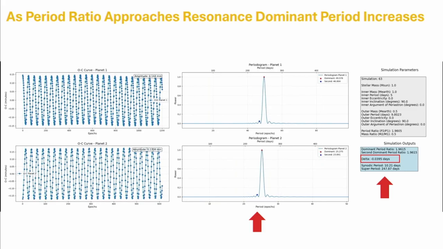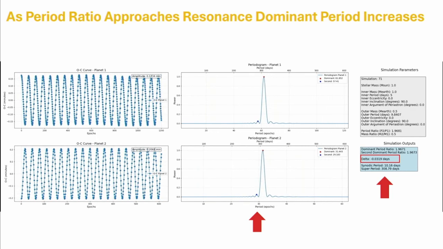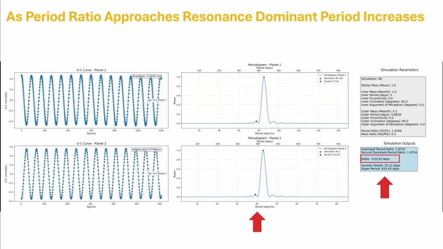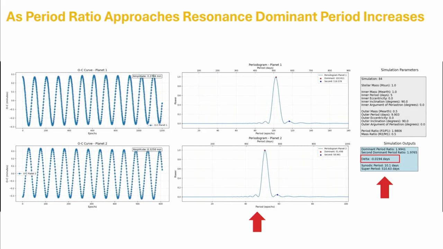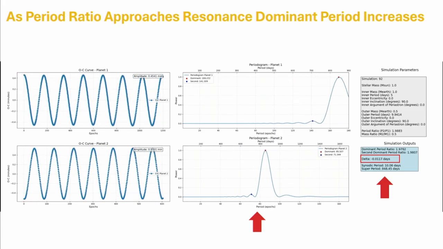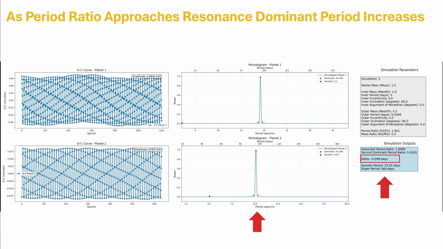Now you can see it in the Lomb-Scargle. If you look at the values, they're definitely increasing. And you can even see in the first plot that it's becoming much bigger. You can clearly see the different sinusoidal curves as it expands a lot. And this is as it's very, very close to the 2:1 resonance. Delta is less than 0.01. And here you can see it was the max.